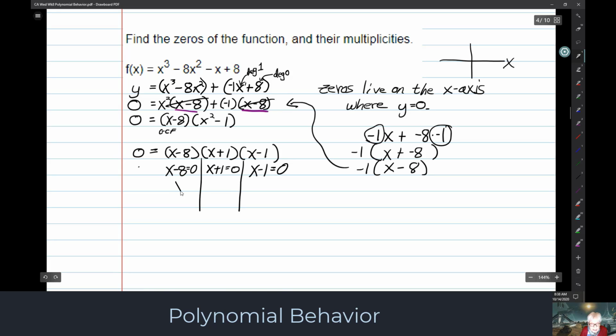I add 8 to both sides, so I get x equals 8. I subtract 1 from both sides, so I'll get x equals negative 1. I add 1 to both sides, so I get x equals 1. These are my zeros. Negative 1, 1, and 8, located here. Those are the zeros of f of x.